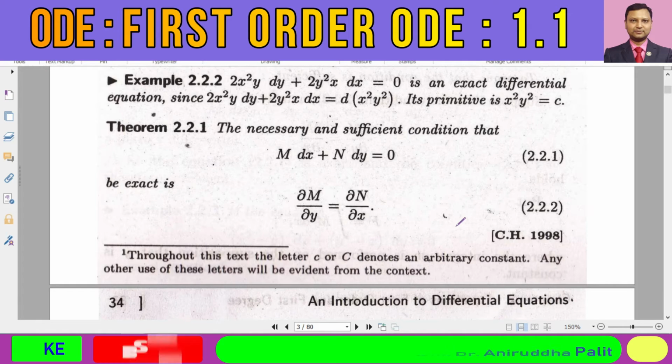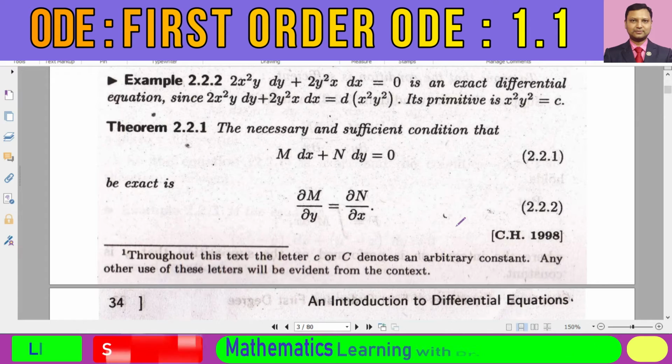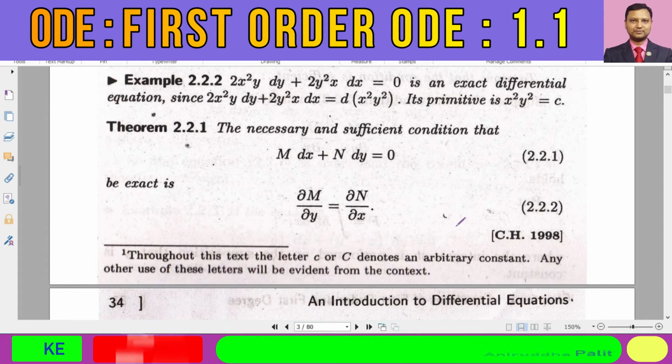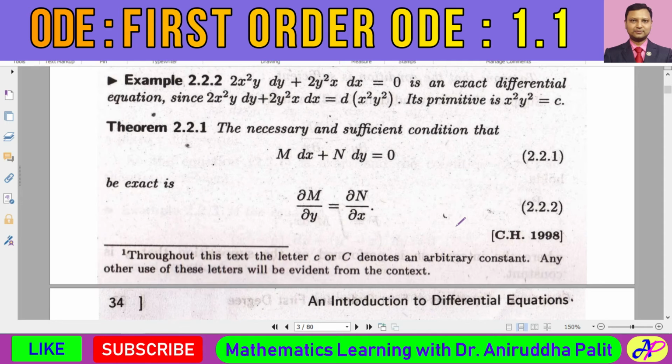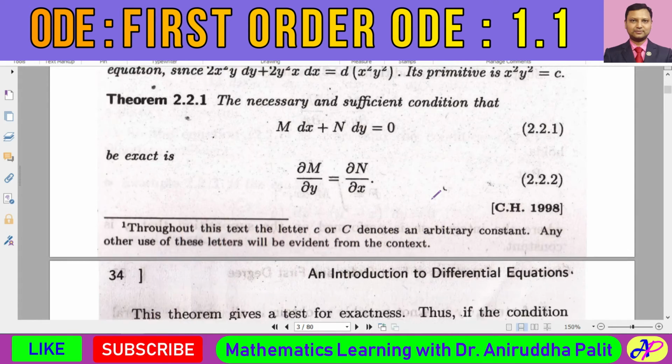We don't need the proof of these results. We just need to apply these theorems in different differential equations. So let's discuss an example by which we can apply this result.